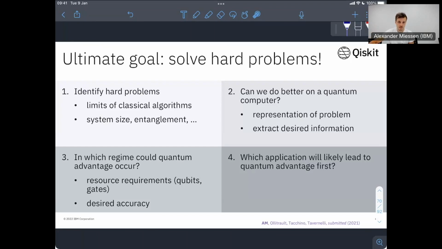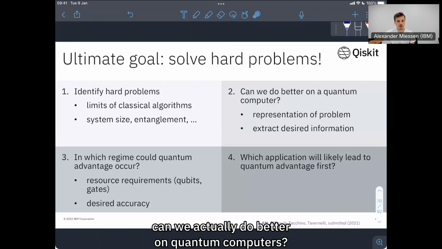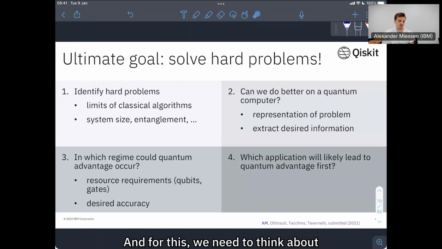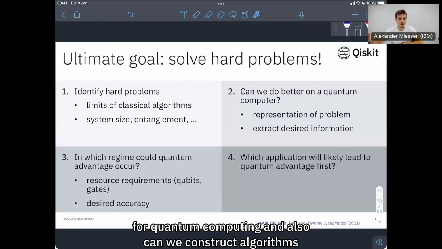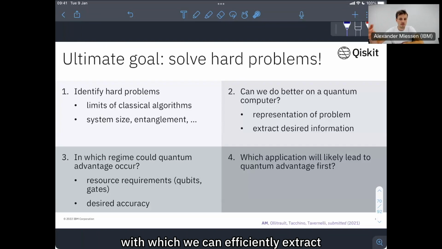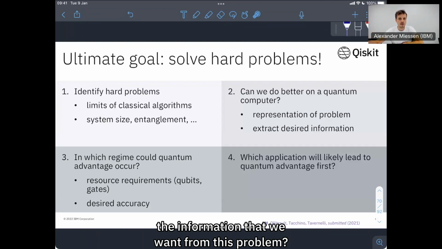Okay. And the second step is, now we know what hard problems are. Can we actually do better on quantum computers? For this, we need to think about how we represent this problem in terms of qubits and quantum gates. Can we find a representation that's well suited for quantum computing? And also, can we construct algorithms with which we can efficiently extract the information that we want from this problem?